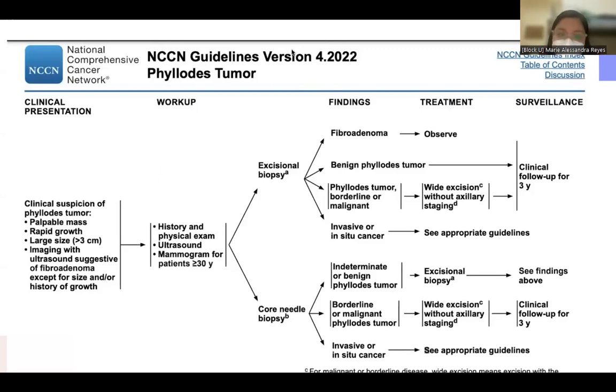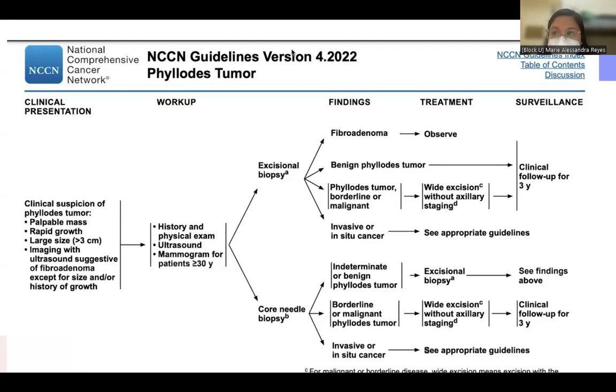given the rarity of phyllodes tumors, treatment principles are mainly based on retrospective studies and case reports. According to the guideline, when there is a borderline or malignant diagnosis established through excisional biopsy or core needle biopsy, they recommend a wide excision without axillary staging.